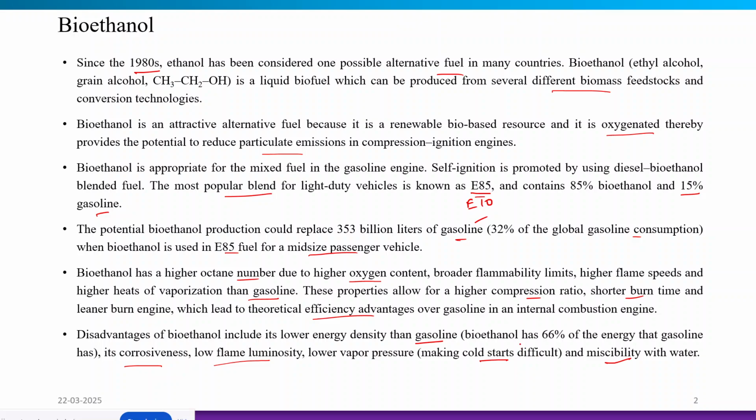So it has this kind of disadvantage, but we are focusing on the advantageous part of bioethanol over gasoline. All over the world, many countries have taken up the practice of blending bioethanol with existing fuels.